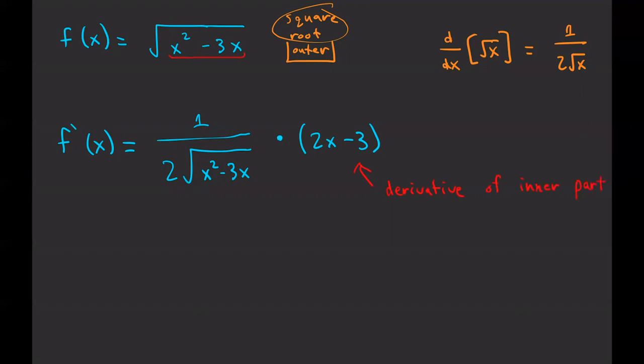And then this other part over here, let's go ahead and change the color here. Let's match all those up. This is the derivative of the outer part, leaving the inner part untouched.